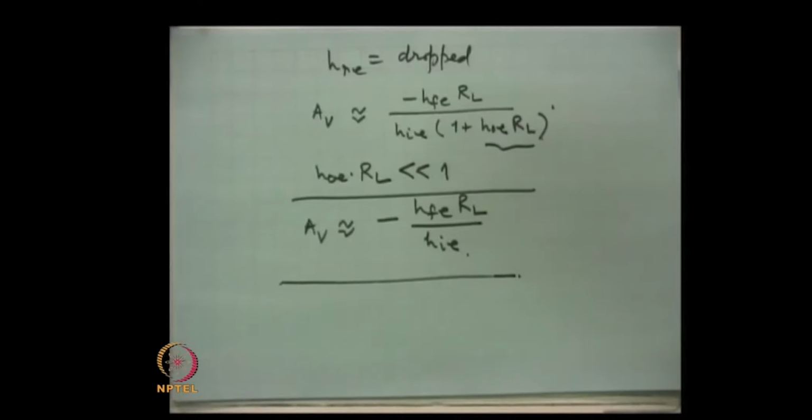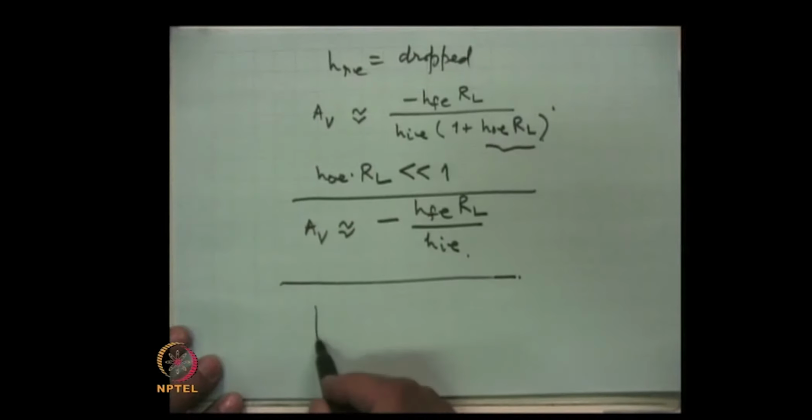Now, I said that the common base circuit is not much used, because input impedance is very low. Here is another reason why common base cannot be cascaded easily.